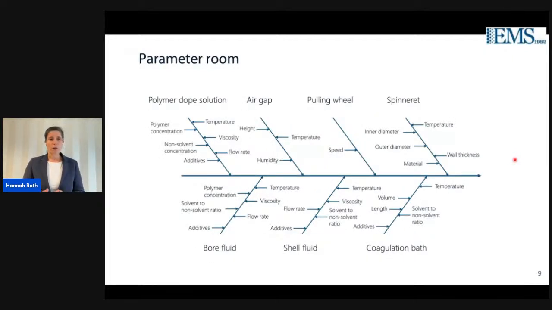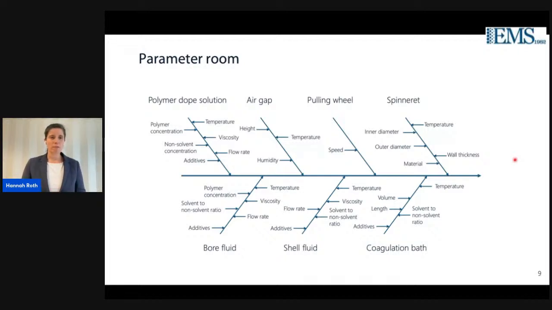So when we look now at the parameter space that we have in hollow fiber spinning, and I did not include that, of course, this starts already with having to decide on a polymer, a solvent, and a non-solvent. So we take this as given now in this diagram.